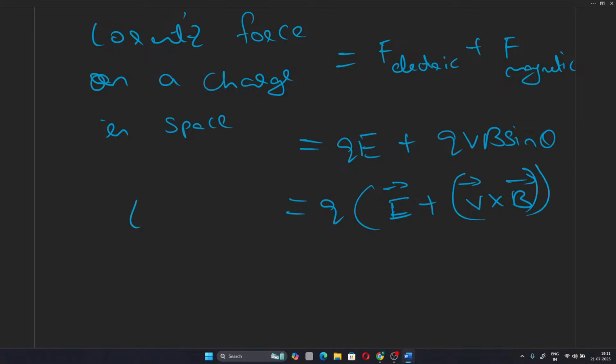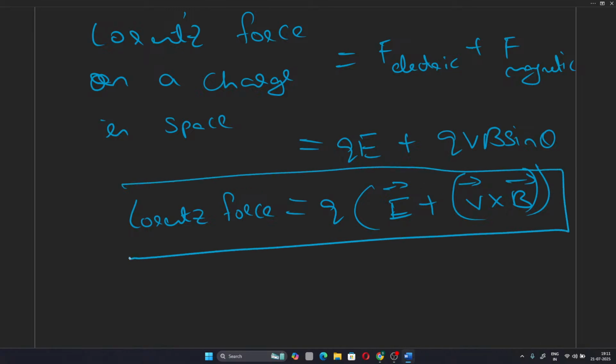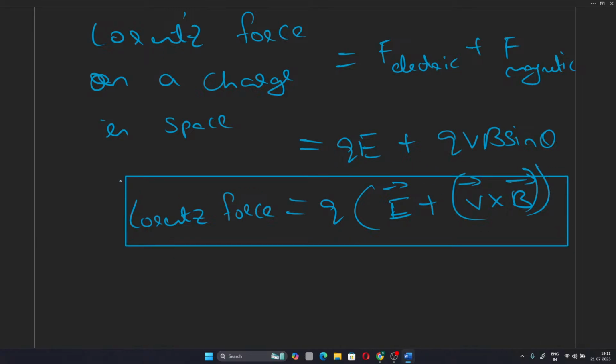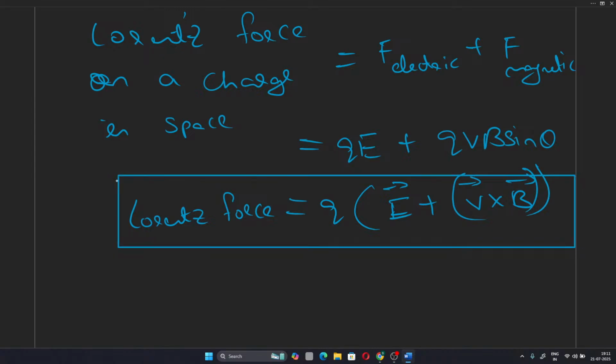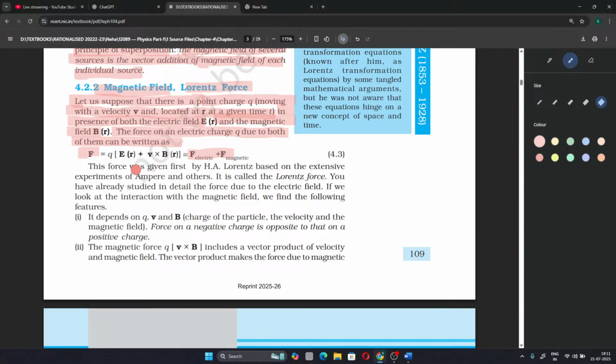This is the Lorentz force. This is the final equation. That is what they said here as well, where they took E of r, basically indicating the direction of the electric field, in the r cap direction.